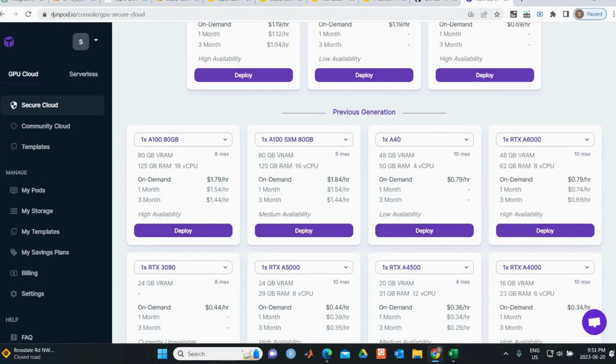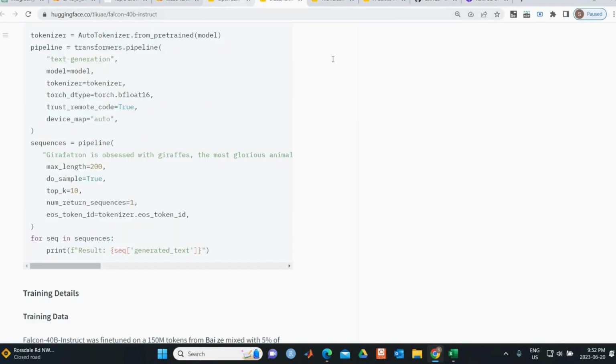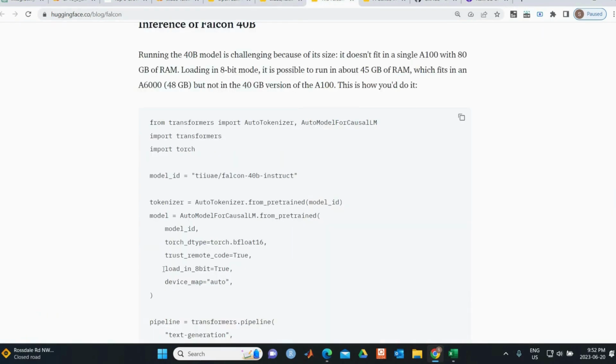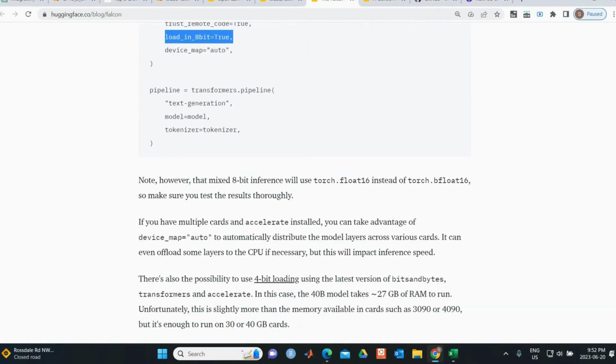This is the RunPod setup, and this is what I used to run this model. So what they are saying is that if you run an A100 with probably 48 GB of GPU memory, we can run this model once we use the load 8-bit option.